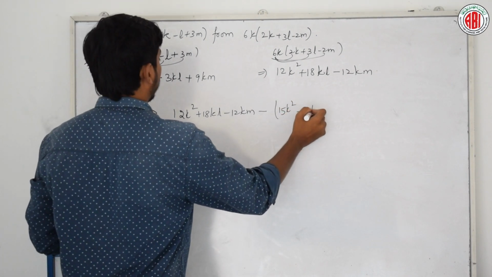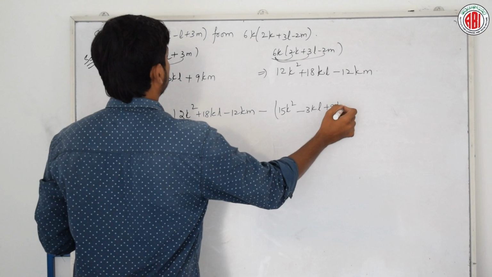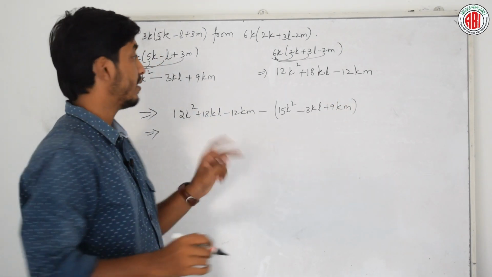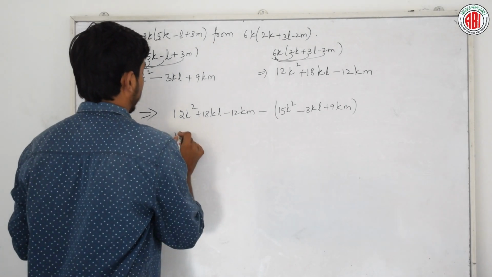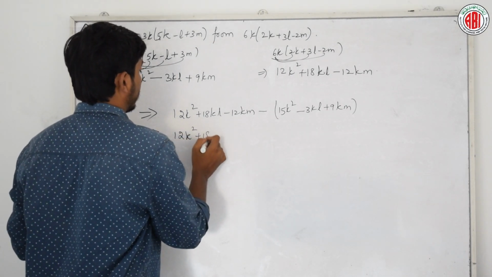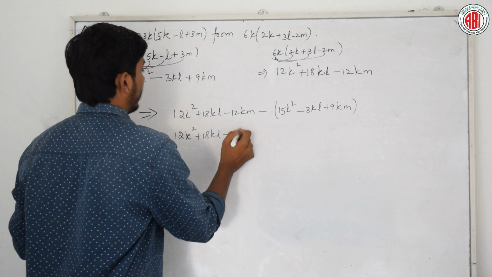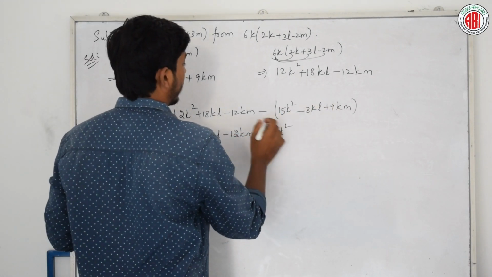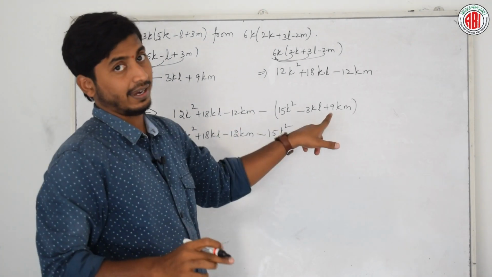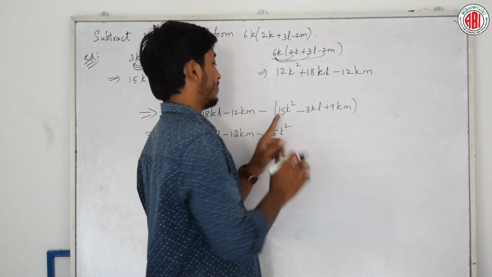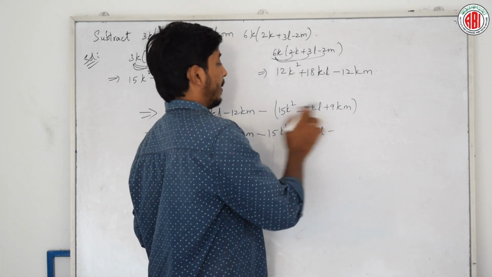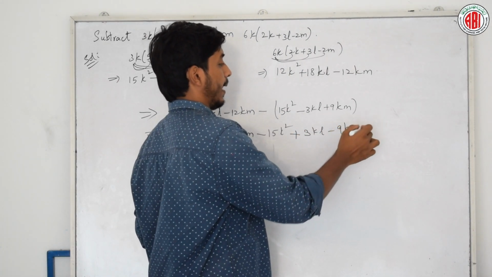Let me write everything in a bracket. Now what we have to do is write this term as it is and subtract this, that is minus 15k square. We have to multiply this minus inside. Minus into plus is minus, minus into minus is plus 3kl, minus 9km.